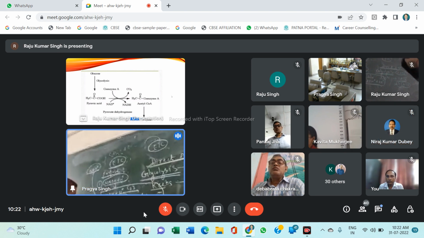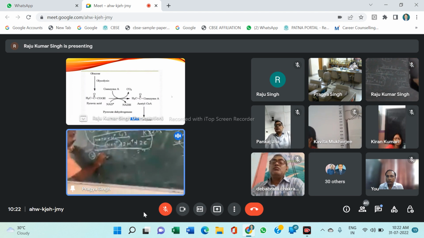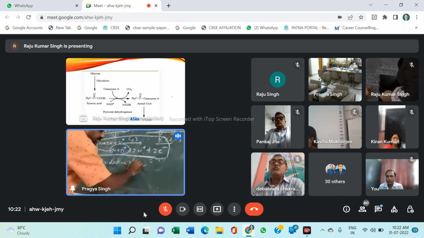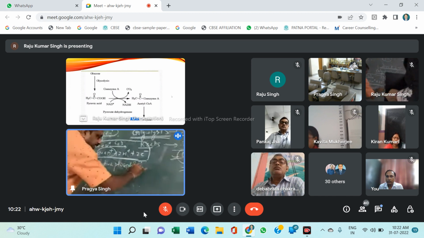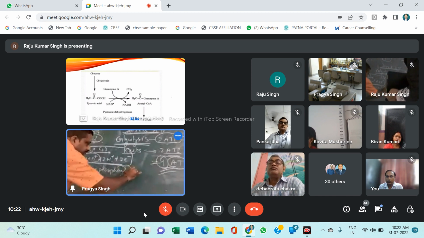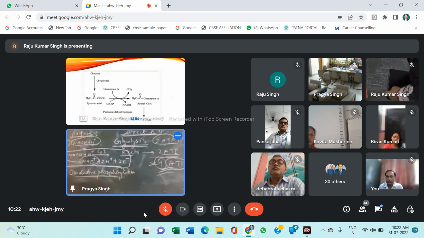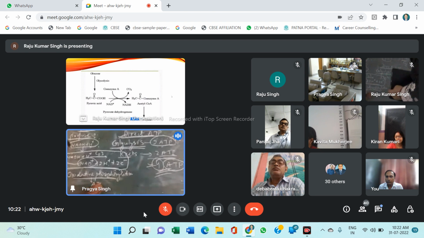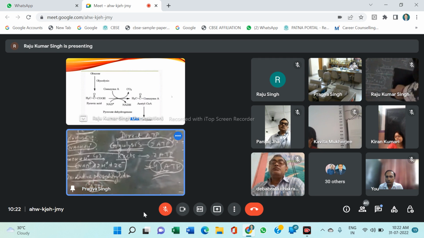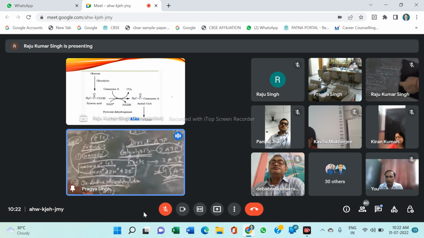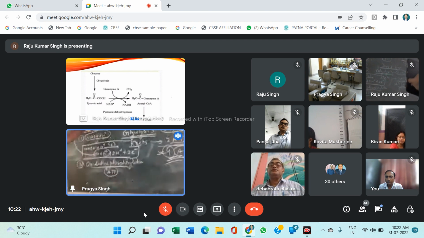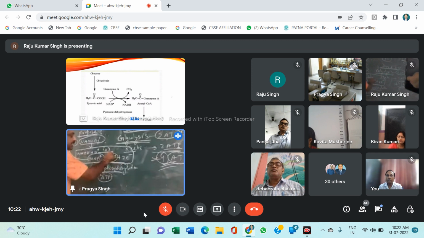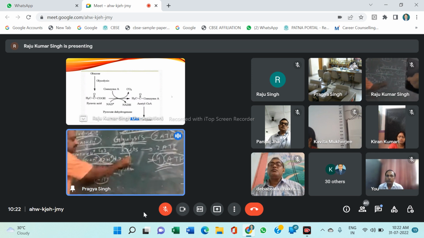The second very, very important purpose is oxidative phosphorylation, which is actually the synthesis of ATP. When NADH is oxidized in the ETC, there is a proton and an electron.